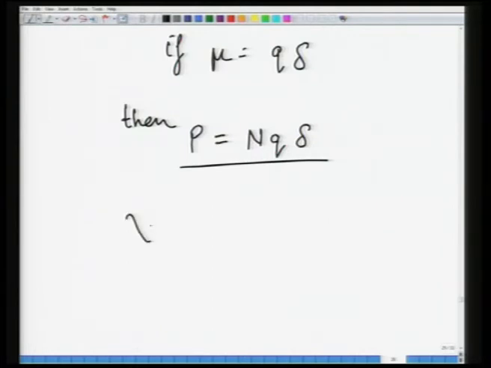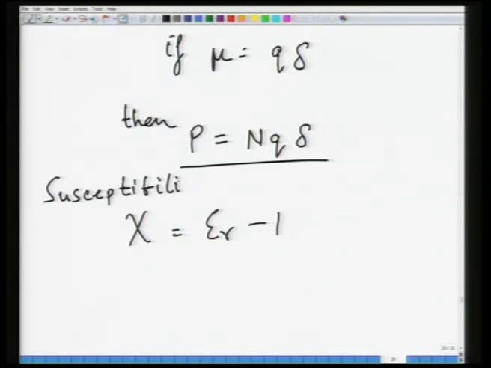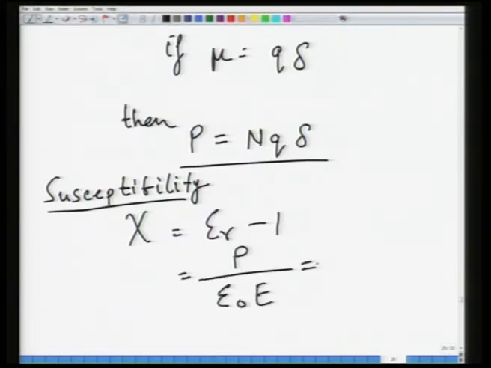Now chi, the susceptibility, is nothing but epsilon r minus 1, and this is given as P divided by epsilon naught E. If we replace the magnitude of P, this becomes n q delta divided by epsilon naught E. So, this is the magnitude of chi.